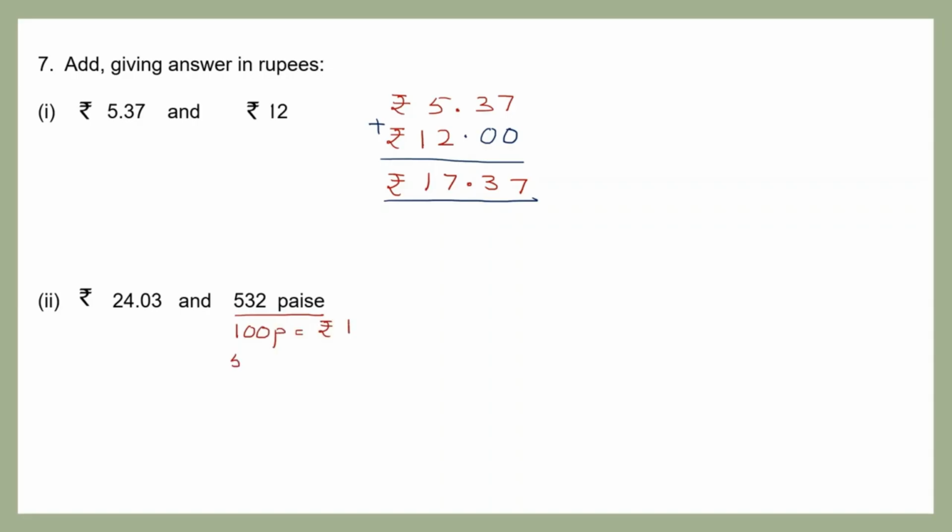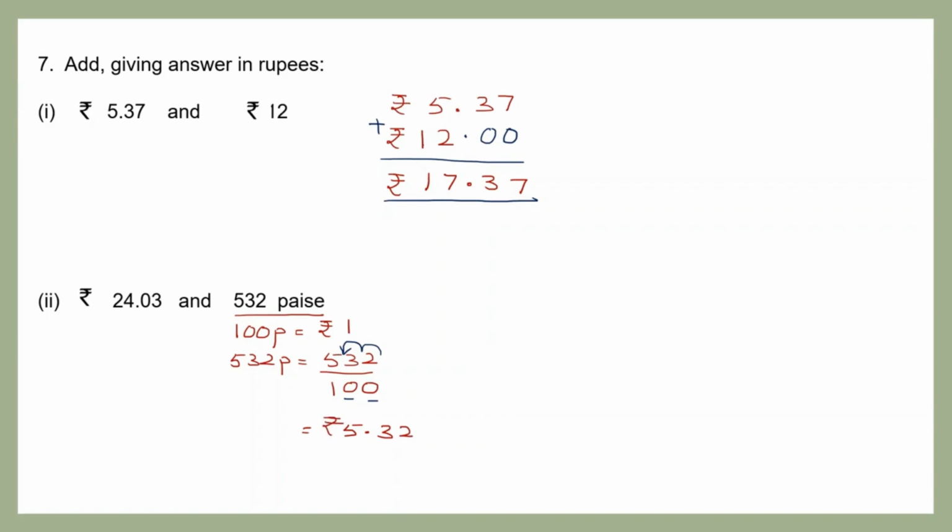Therefore, 532 paise will be 532 divided by 100. Now, when you divide by 100, the point moves 2 places to the left. So what do you get here? We get 5.32 rupees.